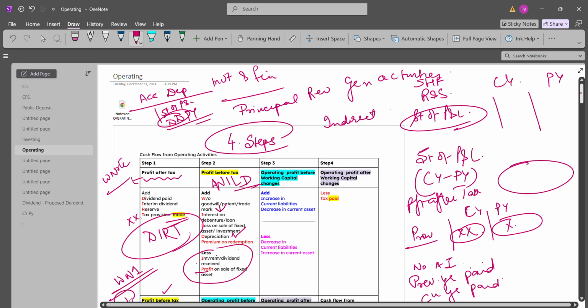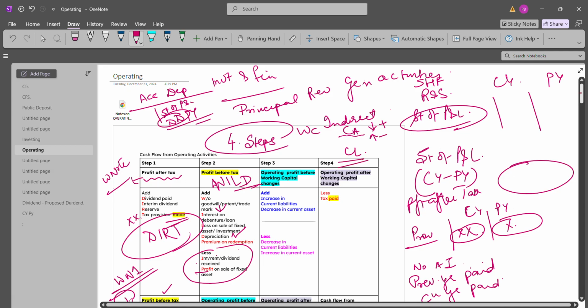To this, we have to adjust for working capital. What is that? Current assets and current liabilities. For these, the increase or decrease is taken into consideration, the amount of increase or decrease. And the rule followed is that current asset is not having good relations with cash flow: decrease is added, increase is deducted.